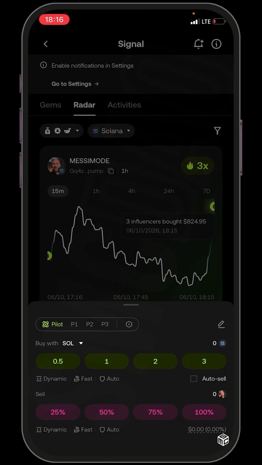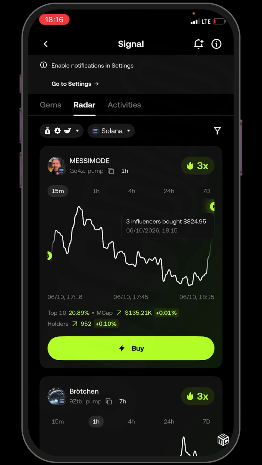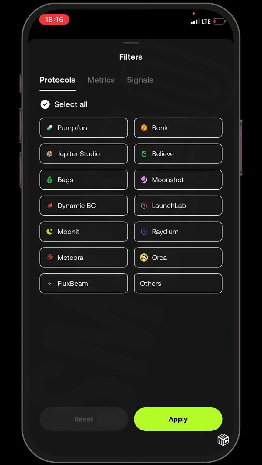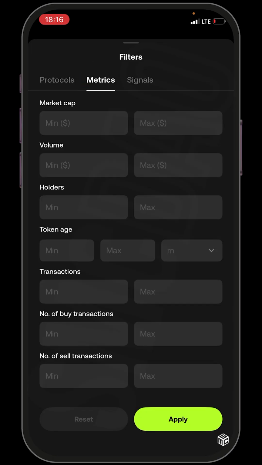Okay, so I know that sounds like a lot of noise, which is why you must use this filters menu. Let's click on this filter menu by clicking on this filter icon, and you have protocols where you choose the specific network you want to look at. We have pump fun, bonk, bags, and many more. Okay, so on the metrics, you filter by trade sizes so you can hide irrelevant trades and only look at the big players.